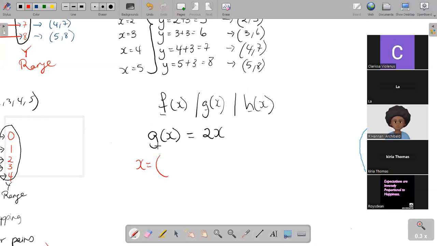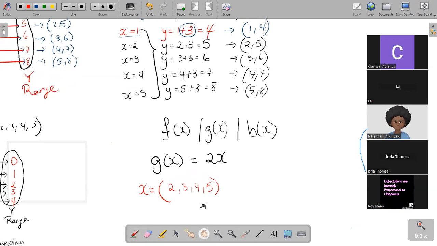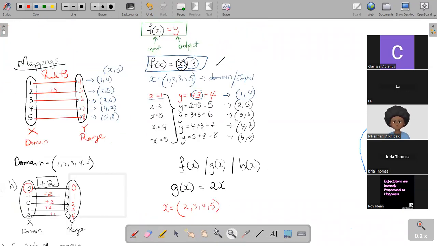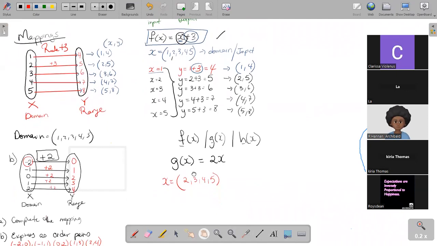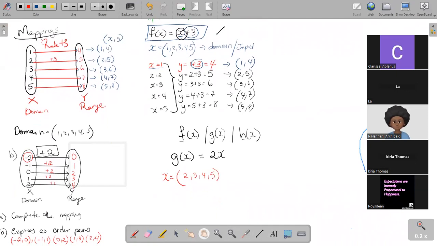Your x values are 2, 3, 4, and 5. I'm going to leave the example from up above showing so you could at least have it. So everybody work this one out for me. Find the ordered pairs. Take a try at this one, guys, and tell me what you get. If you're not sure, that's okay, but I still would like you to try.